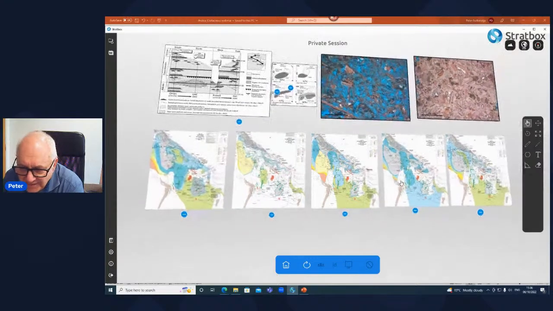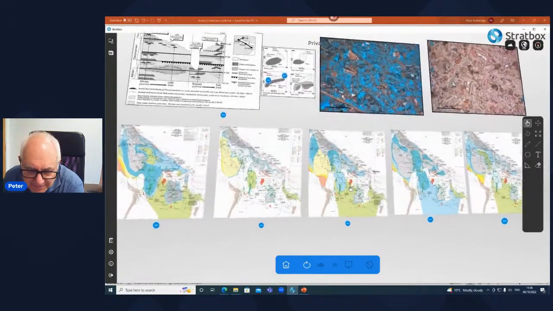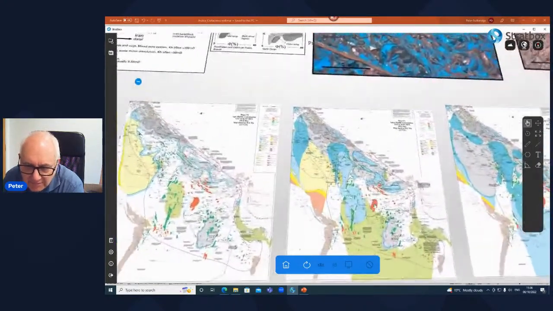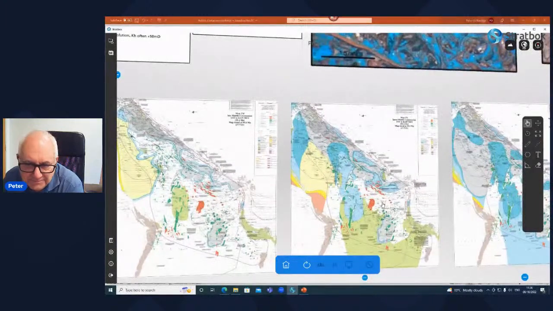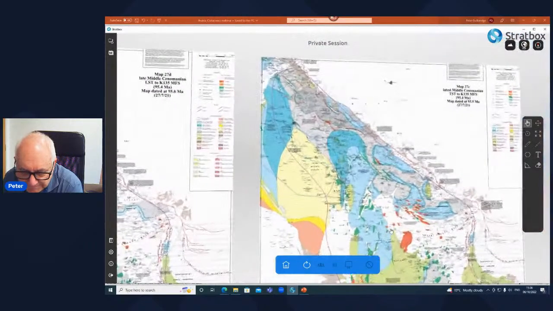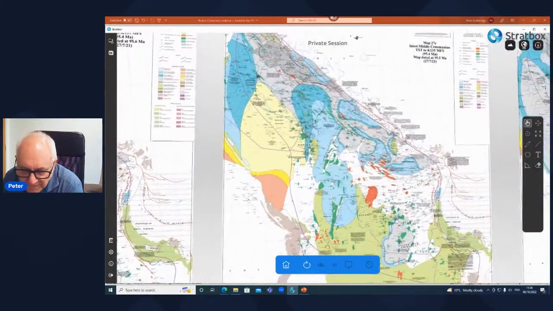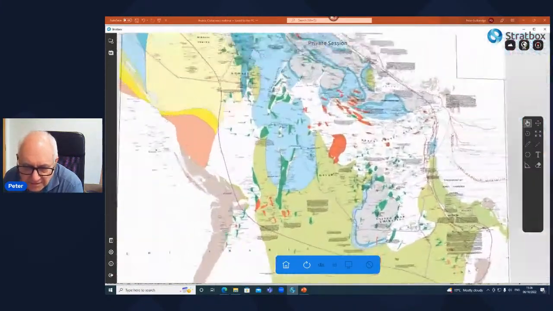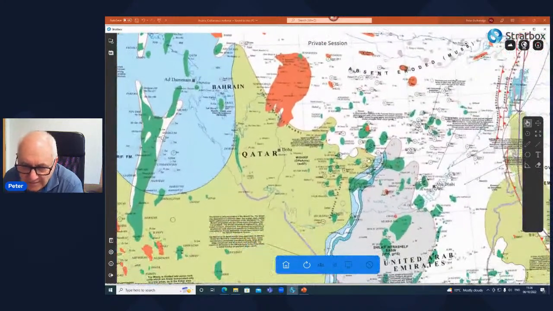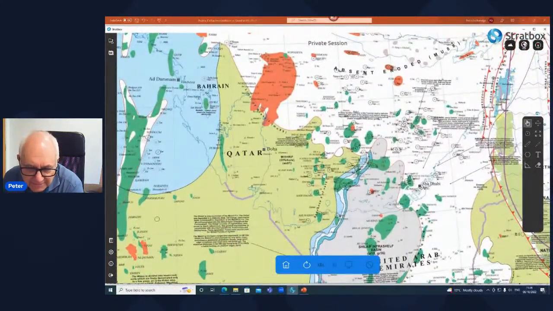Now, if for example, we take this map, which is the Middle Cenomanian Transgressive Systems Tract to K135, and zoom in on this area, we can see that the actual unconformity cuts across a number of facies belts.